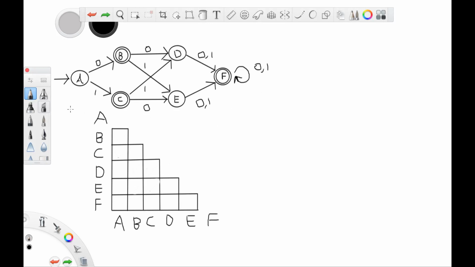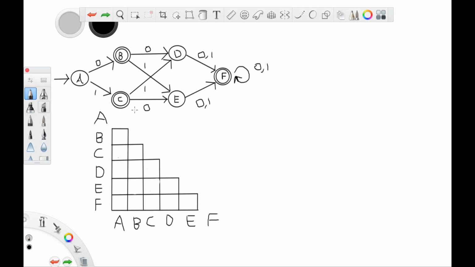Given, let's say, this DFA with states A, B, C, D, E, F, where B, C, and F are the final states, we also know it can take inputs 0 and 1. We need to make a table that is 5 rows by 5 columns, and it's basically halved.